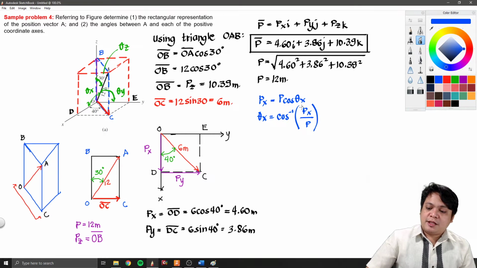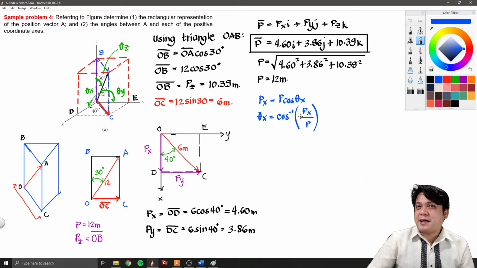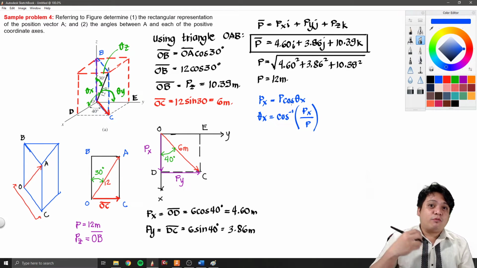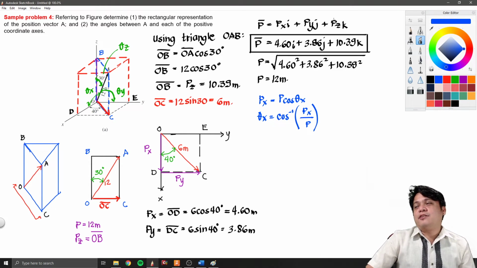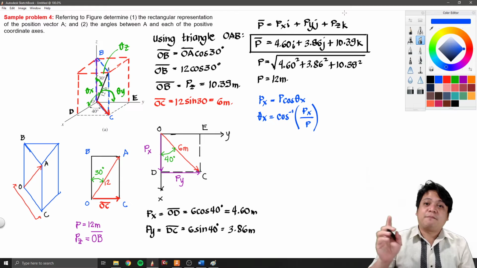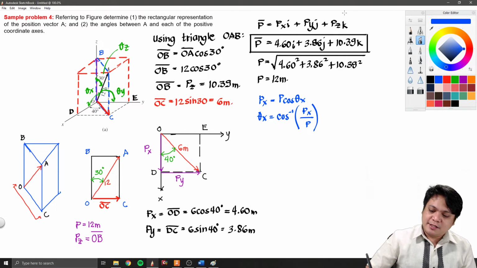So, ito yung magde-determine. Ibig sabihin kasi, pag nag-negative yung ating component, ibig sabihin, nasa negative component siya ng ating axis, magkakaroon siya ng obtuse angle. So, hanggat positive yung mga components natin, magiging acute angle lang yung ating mga thetas. Okay, so let's try.